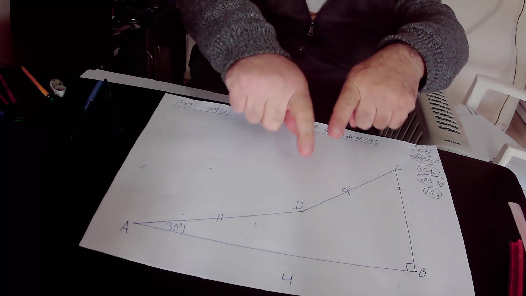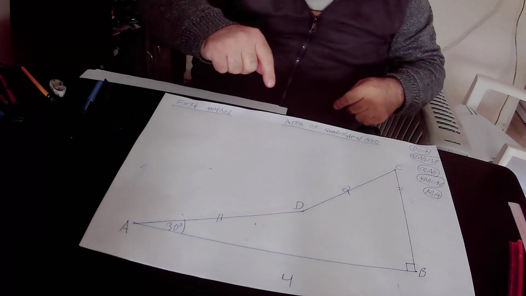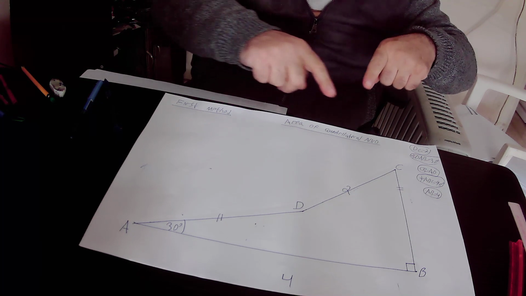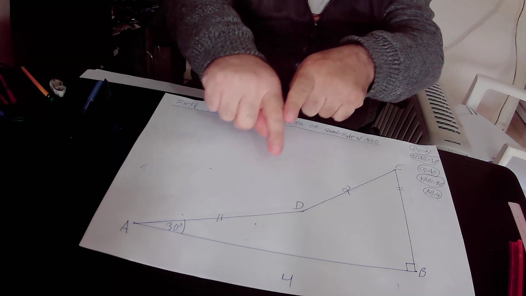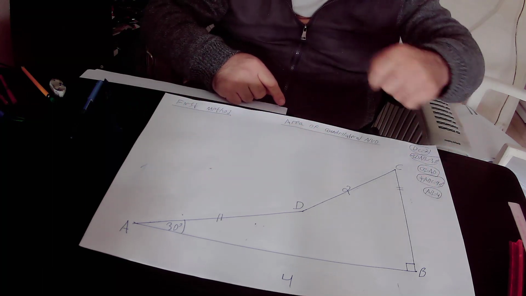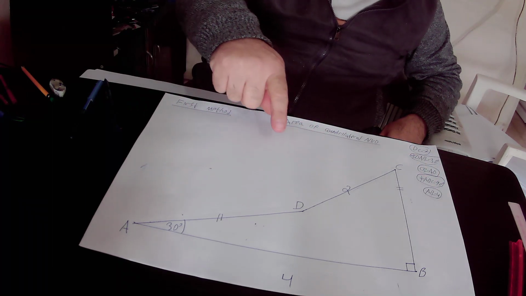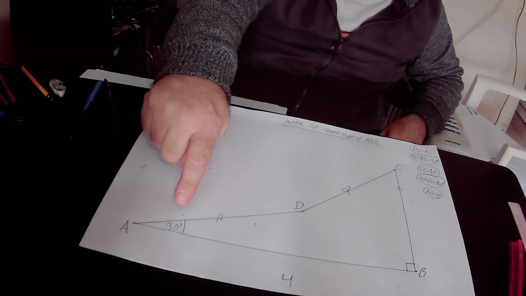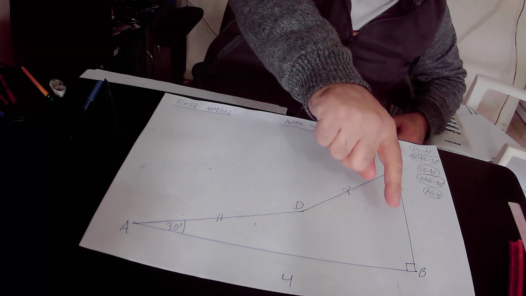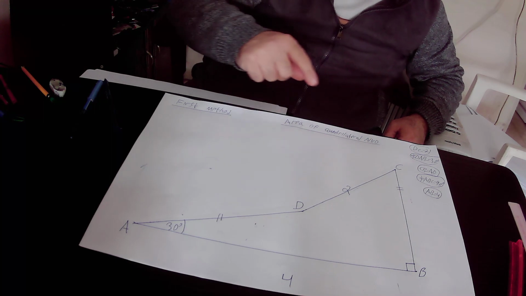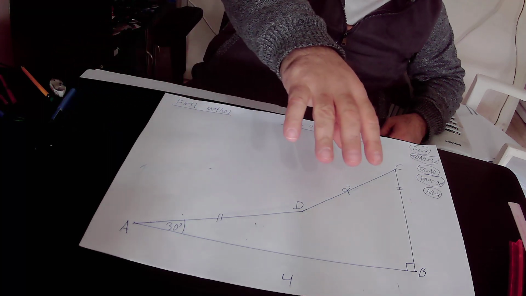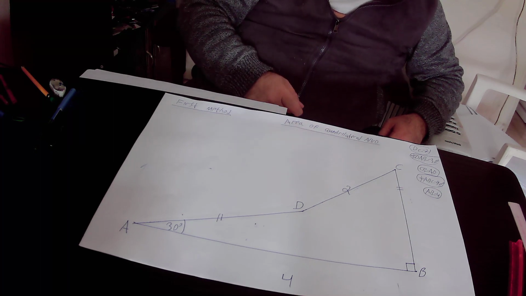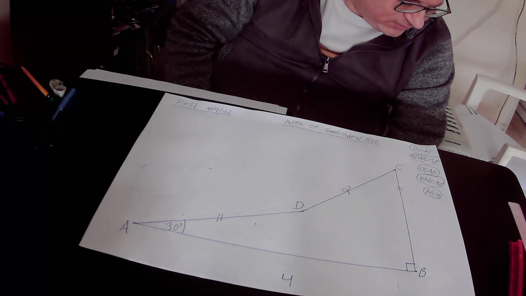We know that side AB equals 4 units, side CD equals 2 units, and we also know that AD equals CB, angle DAB equals 30 degrees, angle ABC equals 90 degrees, and we want to find out the area of this quadrilateral ABCD. So we will start with the first method.